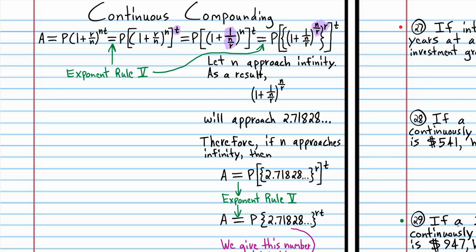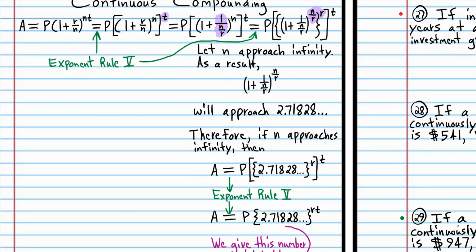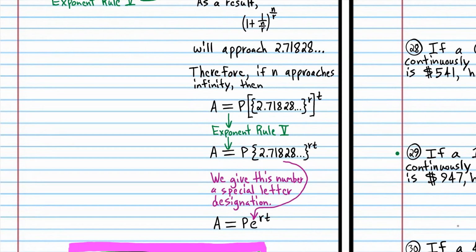We call this continuous compounding because n is so large that we might as well just consider it to be approaching infinity, and then we turn this yellow expression into this number, and that number is just e again.